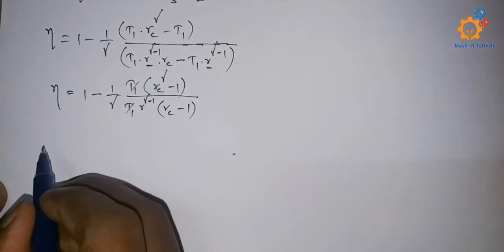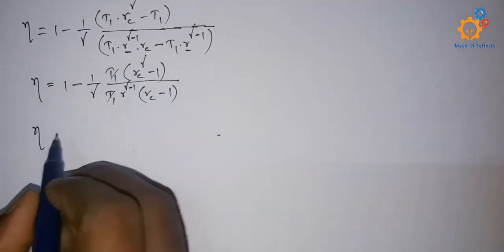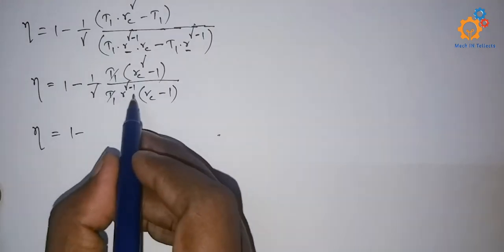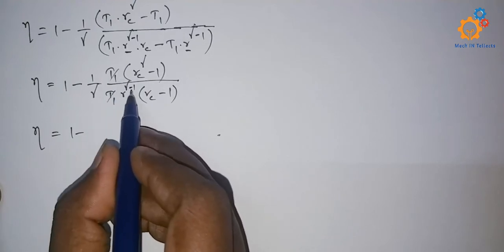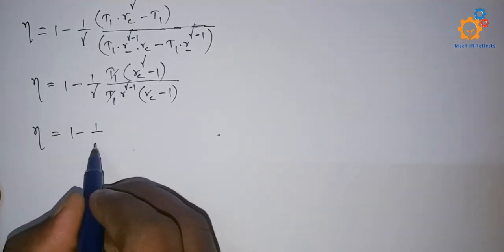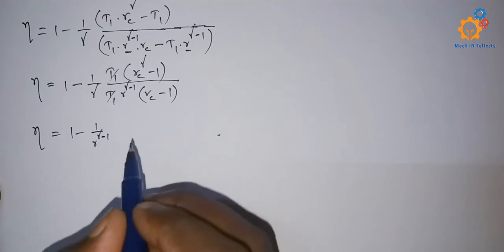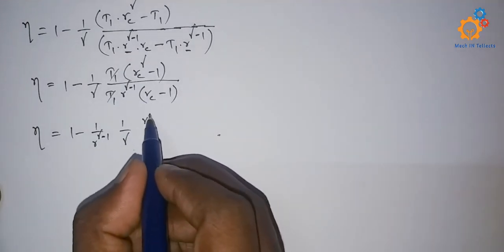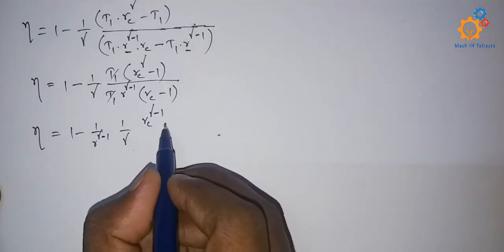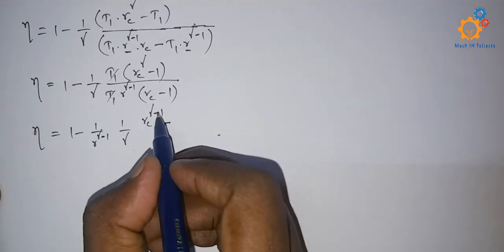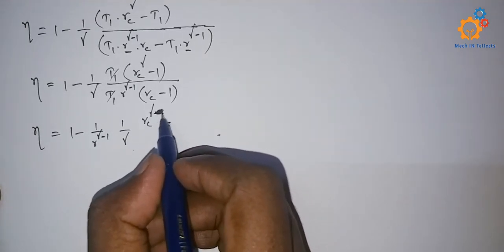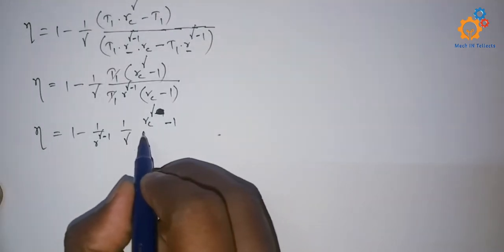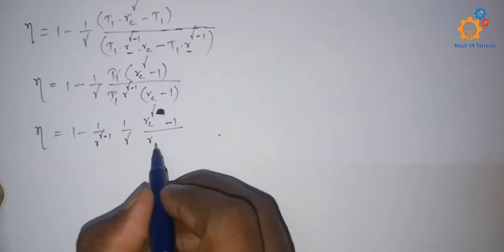So the efficiency equation is 1 minus 1 by R power gamma minus 1 in front, and now 1 by gamma, numerator RC power gamma minus 1, sorry, it is only gamma, minus 1 by RC minus 1.